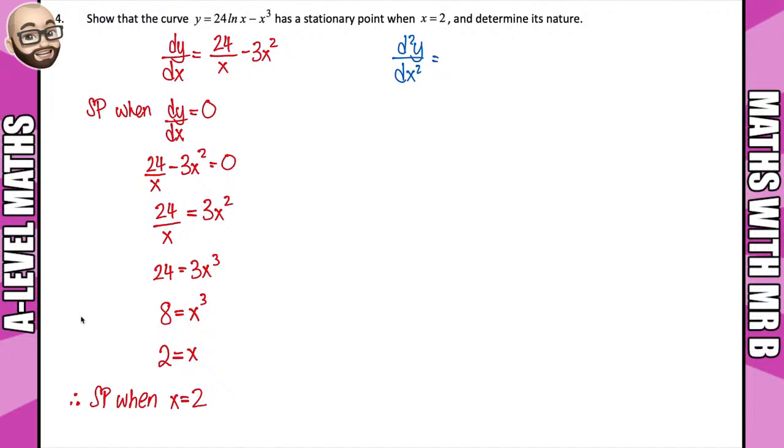So we now need to differentiate 24 over x, which is 24 times by x to the minus 1. So it's going to be minus 24 x to the minus 2 minus 6x. Or if you want, I could write this as minus 24 over x squared minus 6x.